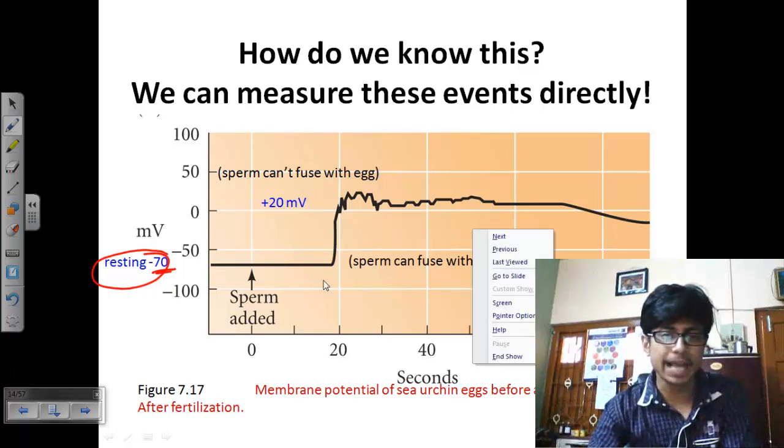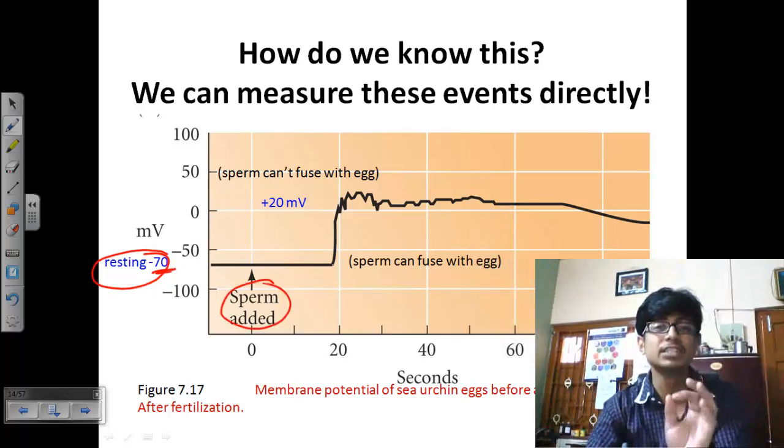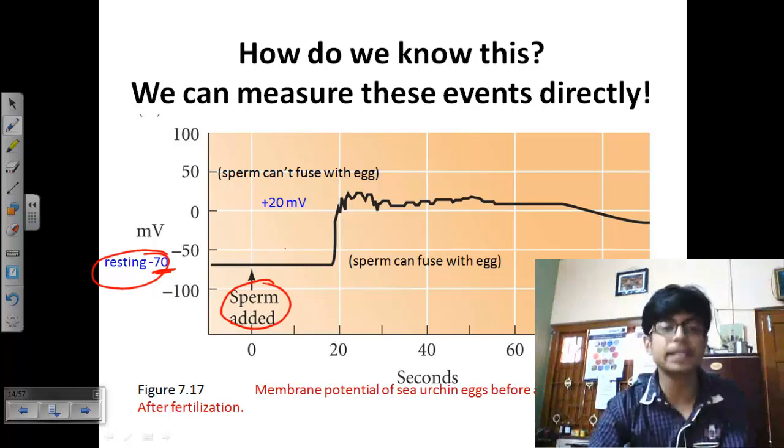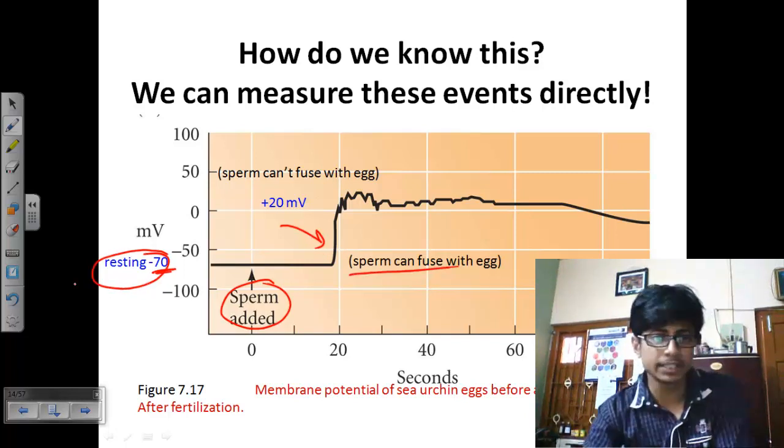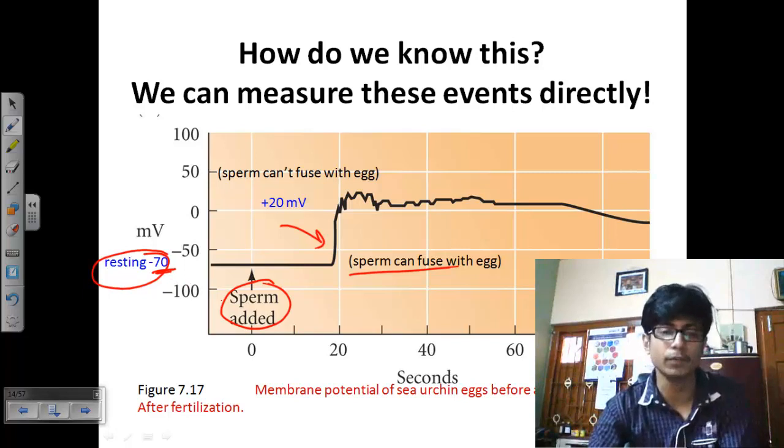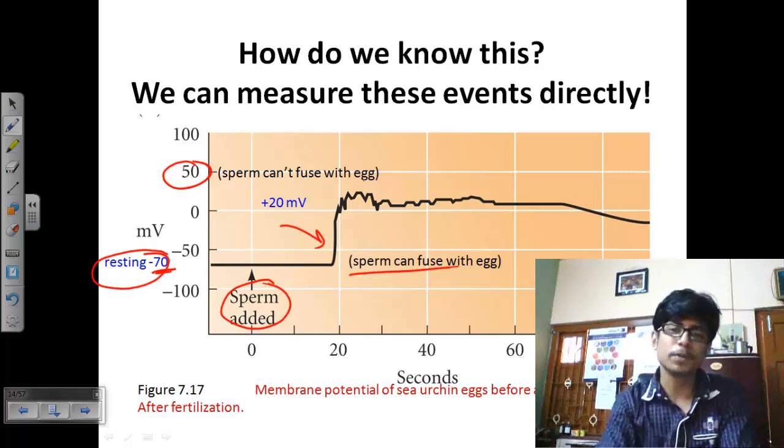But once one sperm is added and fertilization is done by one sperm, then rapidly after that there is sodium intake as well as calcium uptake, and as a result that resting potential increases up to +20 to +50 millivolts. At the resting potential of -70 millivolts, sperm can fuse with the egg. But once the membrane potential rises to +20 to +50, sperm can't fuse with the egg anymore, so polyspermy is prevented.